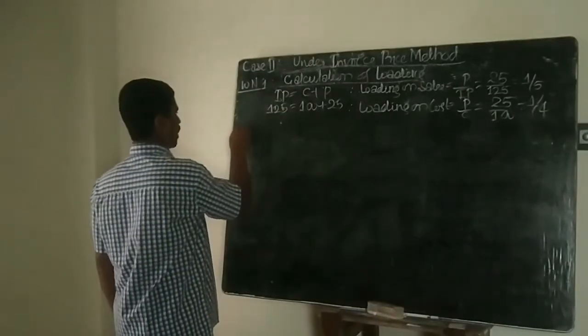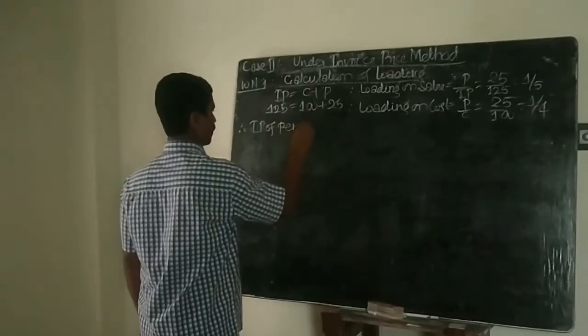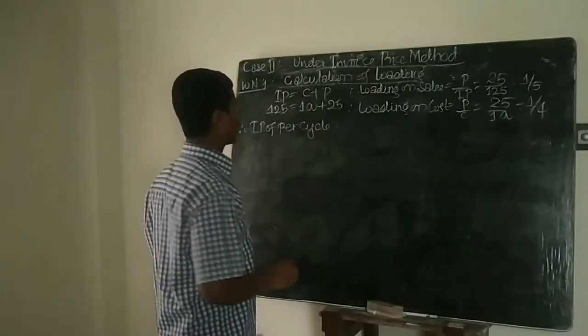Therefore, as we have been given the cost price per cycle, we need to find out IP per cycle here.